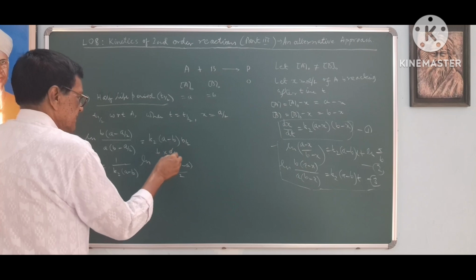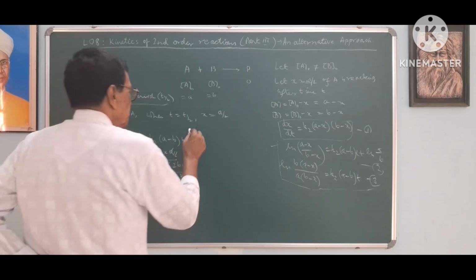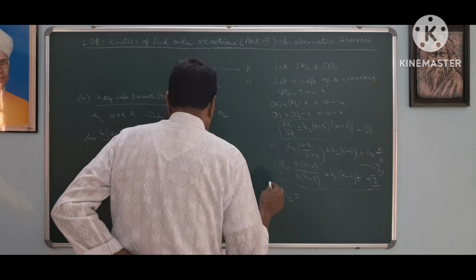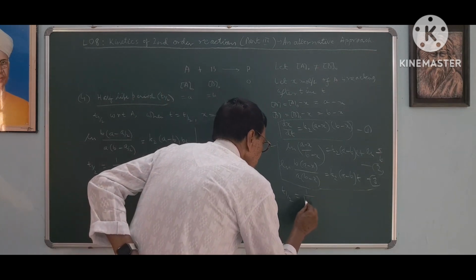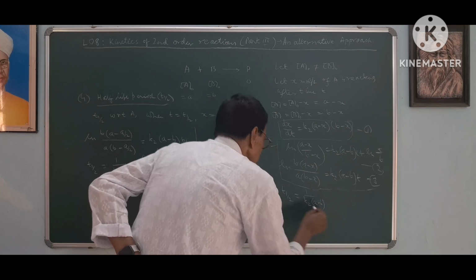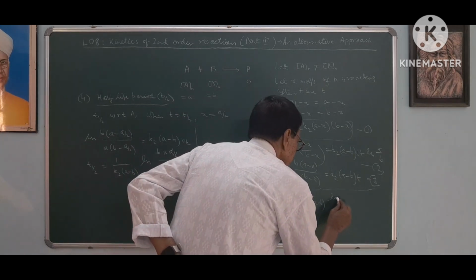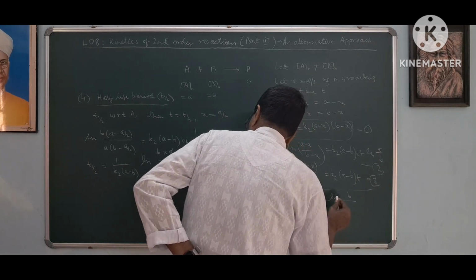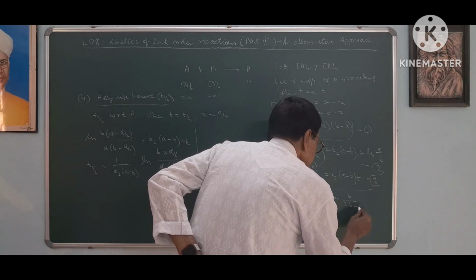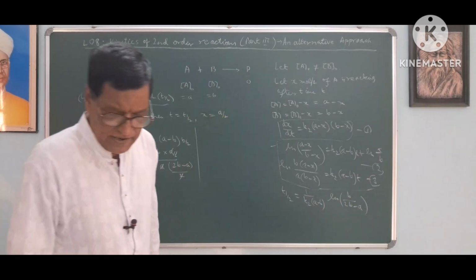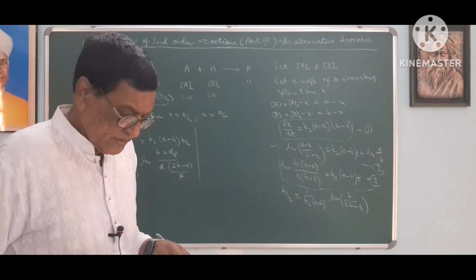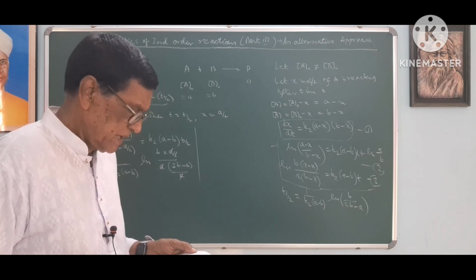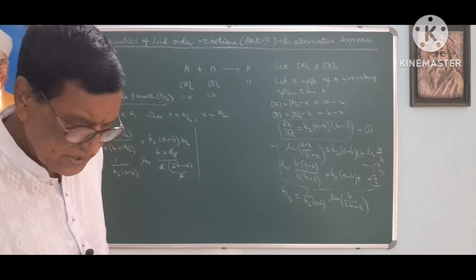So A cancels, the half cancels, so t half with respect to A equals 1 by K2 into A minus B, and ln B by twice B minus A. This will be the half-life period with respect to A.